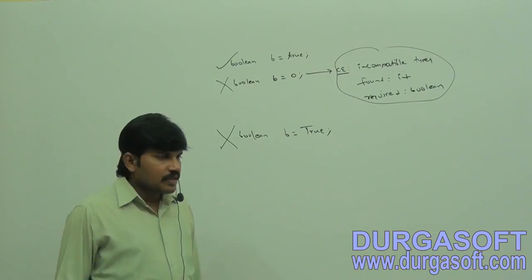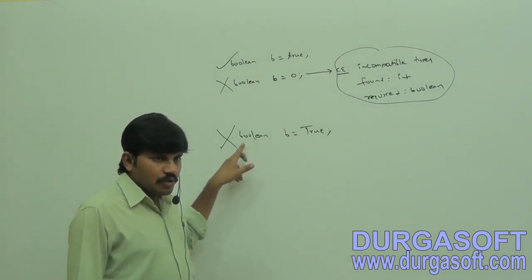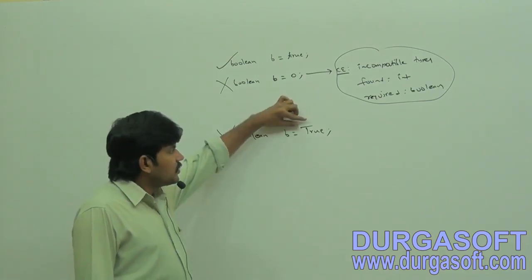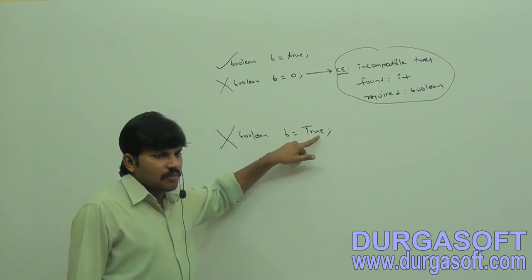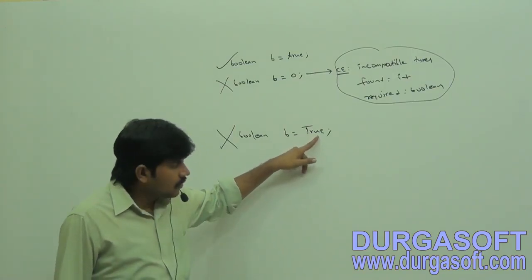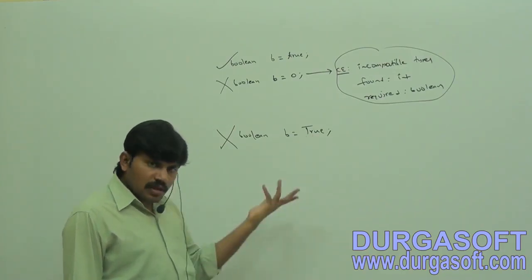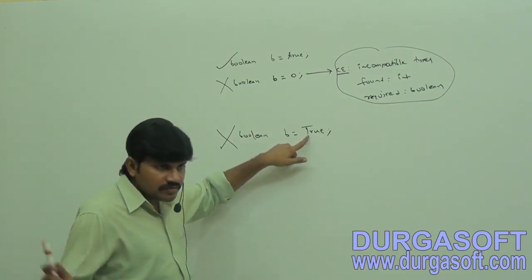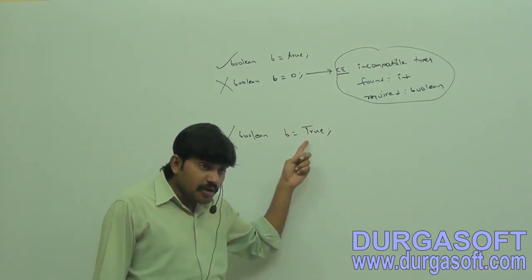Simple. Boolean b = true. Here, if you observe, is true a boolean value? No. If it were a boolean value, it would be valid. Is it an int value? No. Is it a string value?